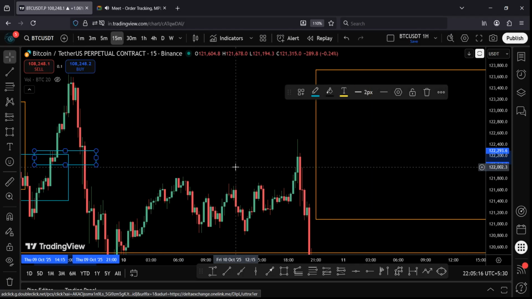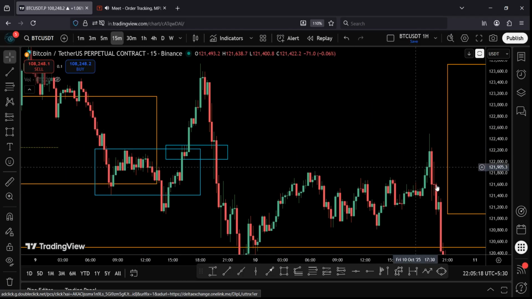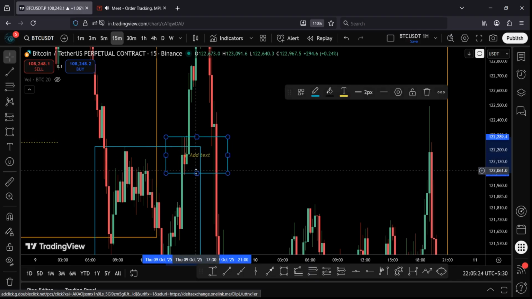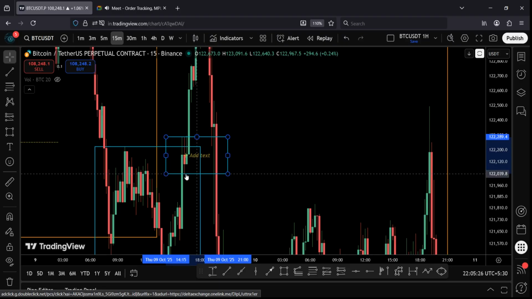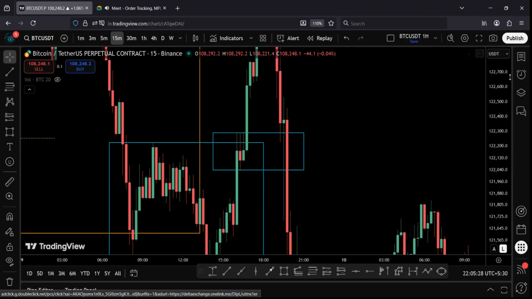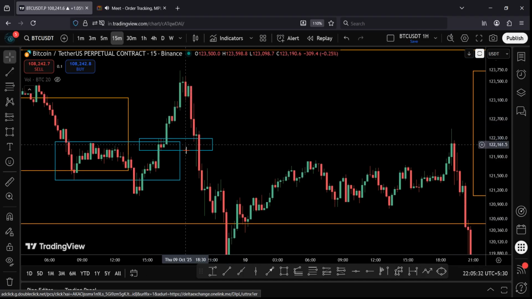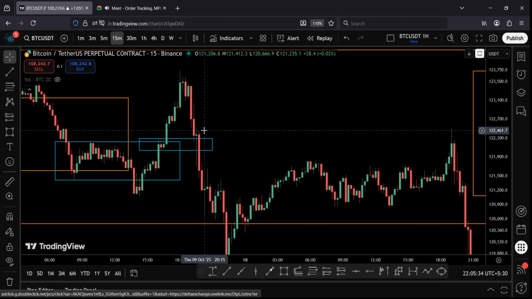Do like this. Fine. Do this much more accurately, from here till here. Okay, now price goes up and came down again, cross this, pull back till here.